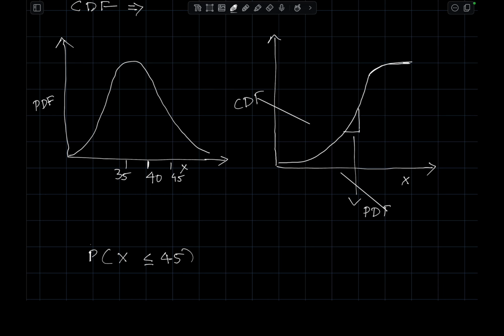And the CDF at the last point will be equal to 1, because it is the sum of probabilities for a particular event. That's the main takeaway there. And now we know the basic terms which we have to take care of when we are discussing probability. So the next topic which we will be covering.